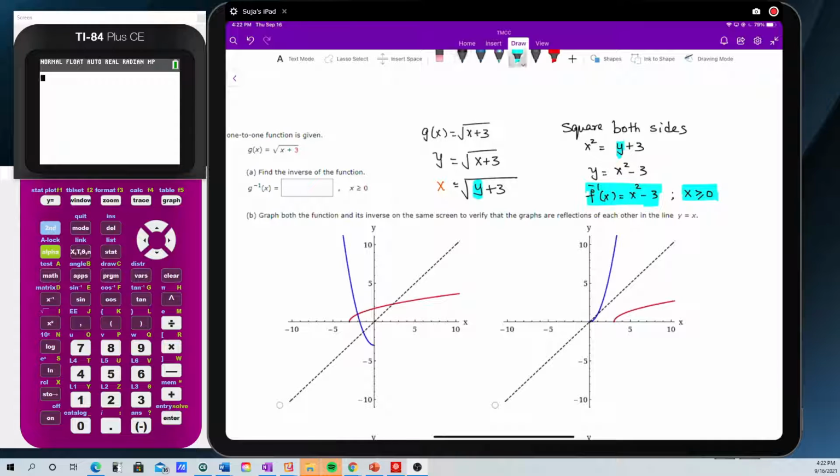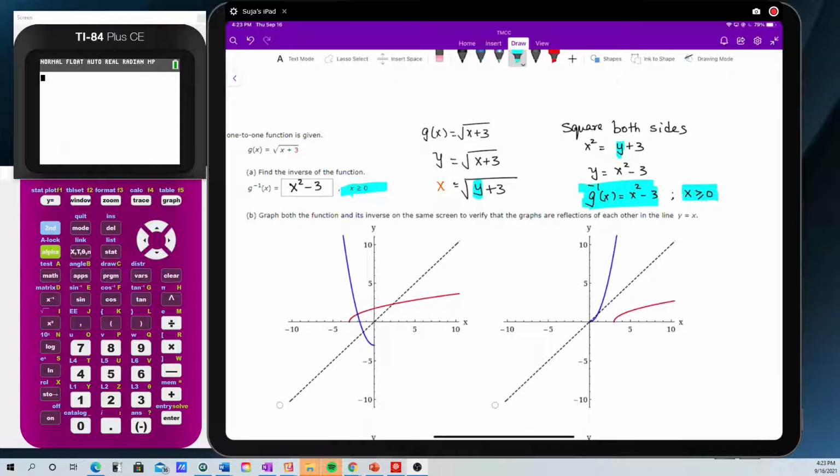They already told me here x is greater than or equal to 0. Even if they didn't, I should know this. Sorry, the problem is using the letter g, so I will call this g inverse of x equals x squared minus 3 instead of f inverse of x. Now the next step is to see the graph of this function.